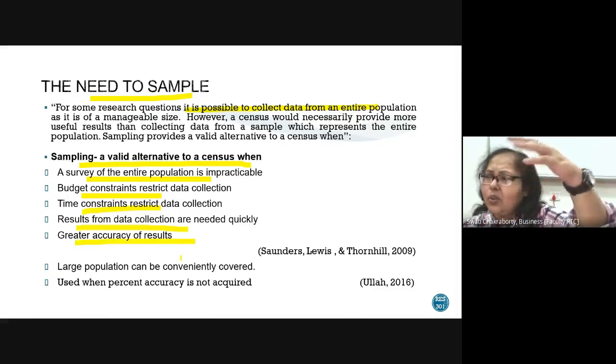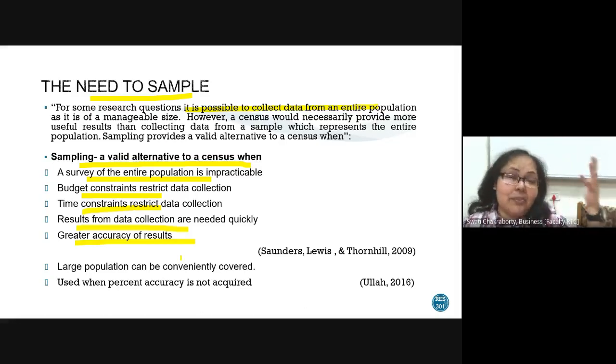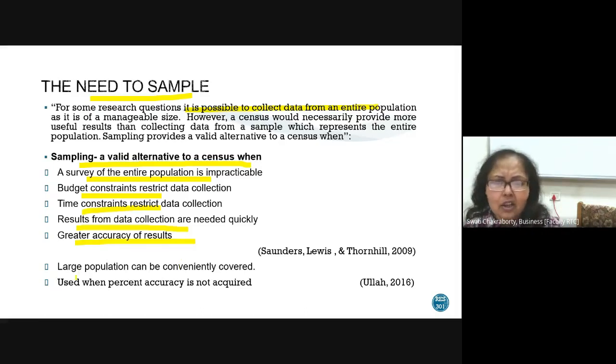It's very difficult to go and collect from everyone, and you may not get the right results. People may not want to respond. So there you want a sample which would represent the entire population, and then it's easier. You would get a better result where a large population can be conveniently covered. Okay, so then you can go for it, and it's used when 100% accuracy is not required.